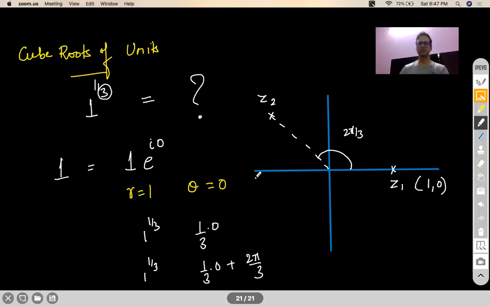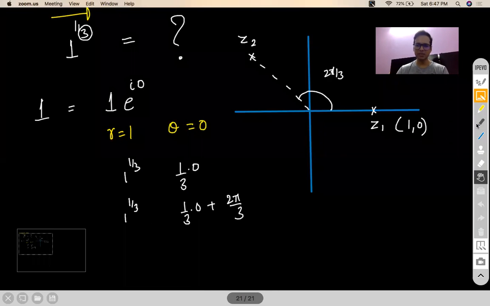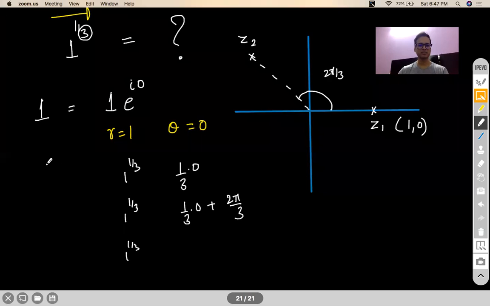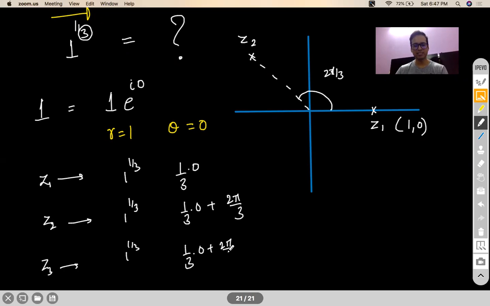Got it? The third root will again be located at a distance of 1. Let me write Z1, Z2, Z3. And you will further increase the angle by 2 pi by 3. So keep increasing by 2 pi by 3. That means 4 pi by 3. So 4 pi by 3 will be full this way. This will again be 2 pi by 3.